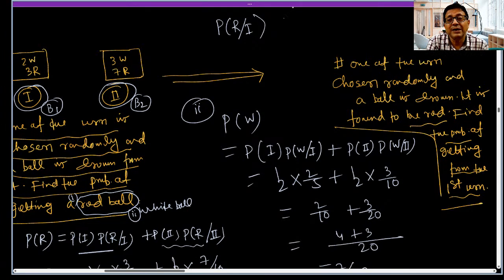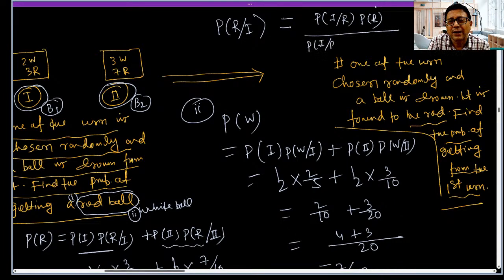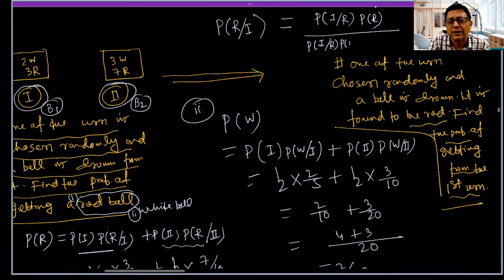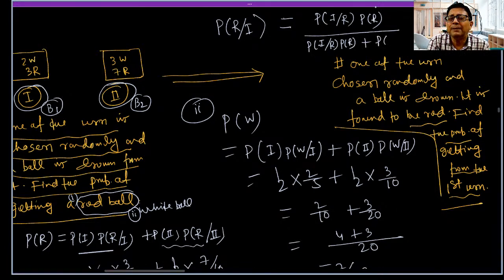So you write this in the form P, PR plus, you might have taken the second one also.